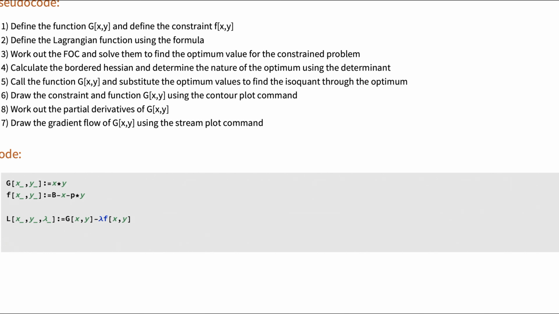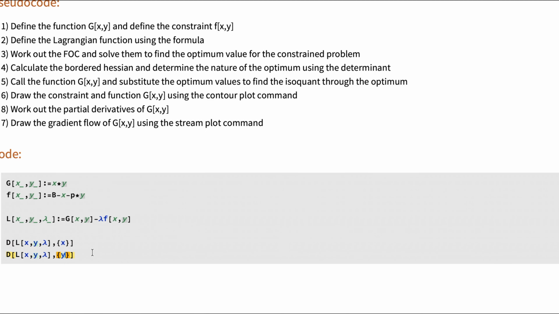So now we need to work out the first order conditions. In order to do that, we must differentiate the Lagrangian function with respect to x, and then also differentiate it with respect to y, and with respect to lambda.